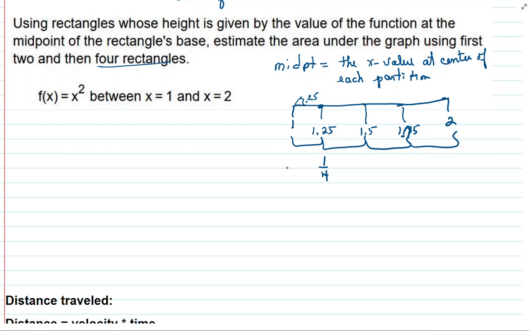So I have 1/4. I'm sorry, this is 5/4. I apologize. And this is 7/4. And this is 9/4. And this is 2. Okay, well, I need in between for the midpoints. Yeah, it's 6/4.